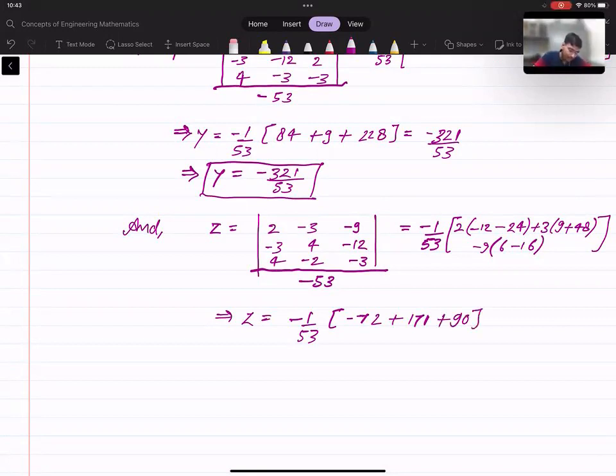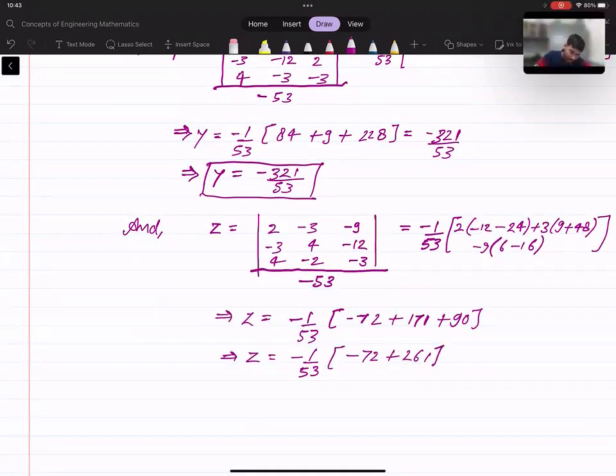And if we solve this, z is basically minus 1 by 53, and this is minus 72 plus 261.